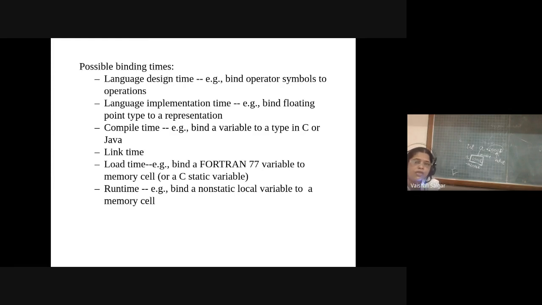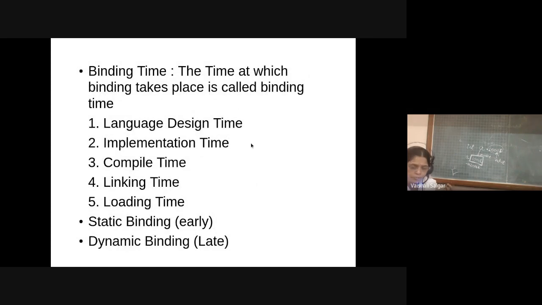We want to count the number of vehicles per day, so that will be one of the objects, and I want to count, so I'm going to perform addition. Addition will be the type of operation. This is an example of language design time binding.